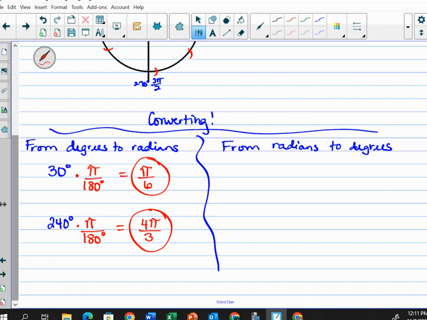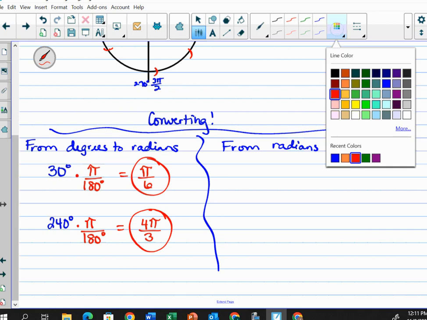Did we get 4 pi over 3? Sorry guys, my voice is not great today. So it's a little bit more than 4 radians. It's a little bit more than 1 radian. It's 1 1/3 radian, right?